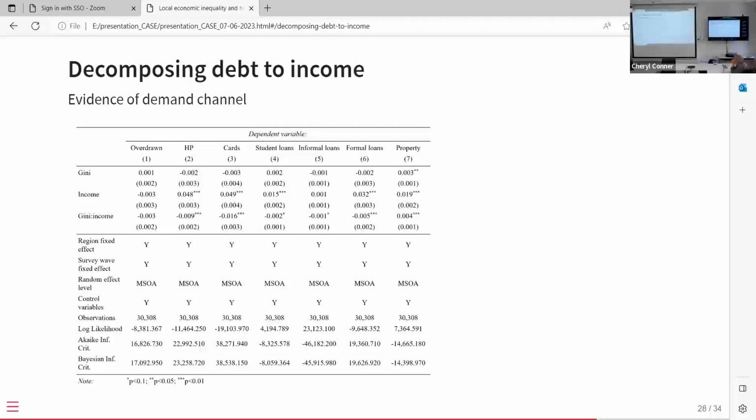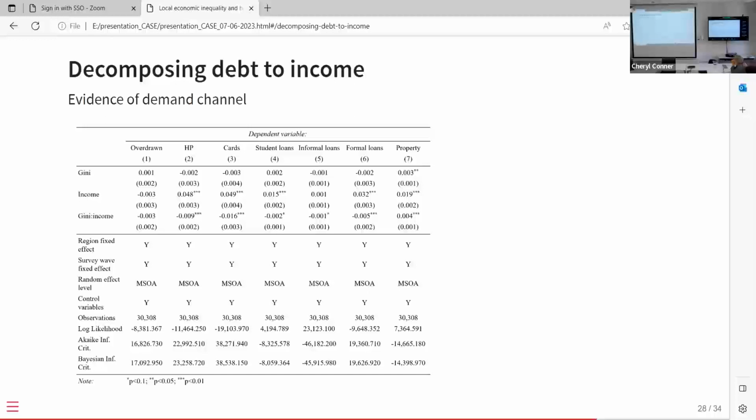So each of these channels is contributing to the main results. This doesn't really help us when looking at credit cards or formal loans. If you think it's the cost of living that's driving the need to borrow more, then it might show up in credit cards. You have to borrow more on your credit cards because you have a higher cost of living.